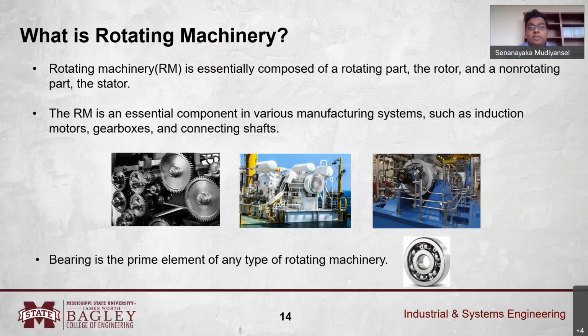This rotating machinery is an essential component in various manufacturing systems such as induction motors, gearboxes, and connecting shafts. However, when we talk about rotating machinery, the bearing is the prime element of any type of rotating machinery. Any problem caused to the bearing is going to make these rotating machineries fail.